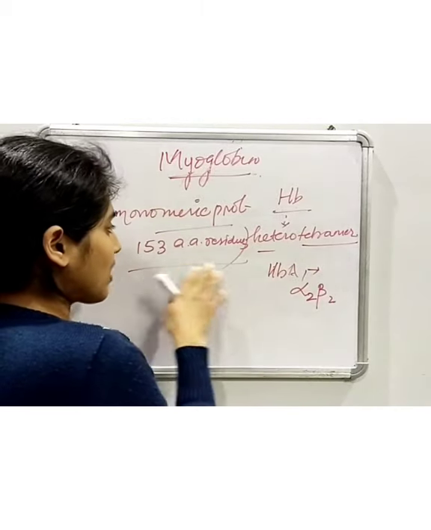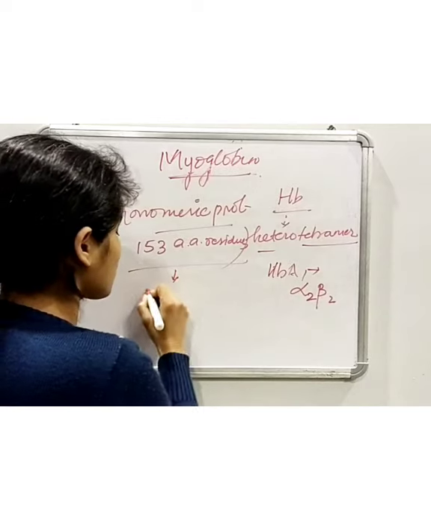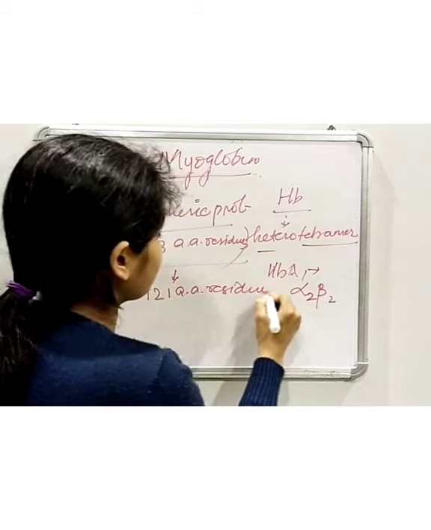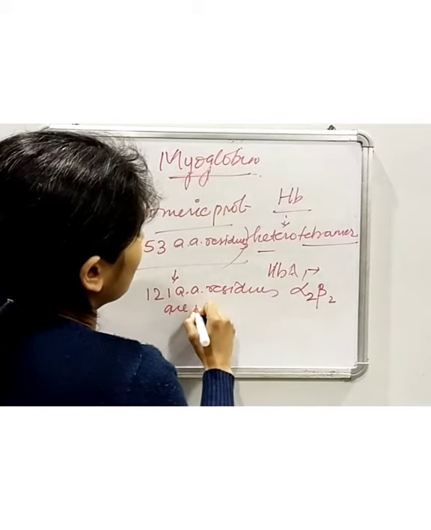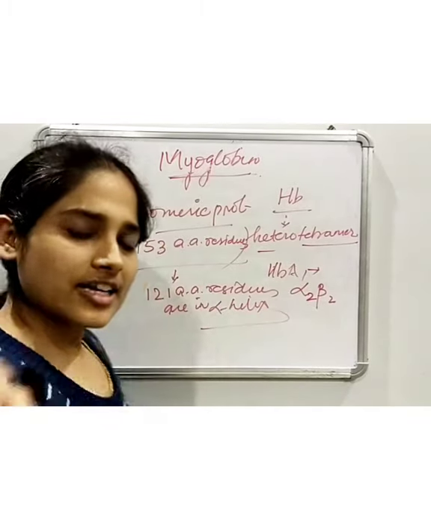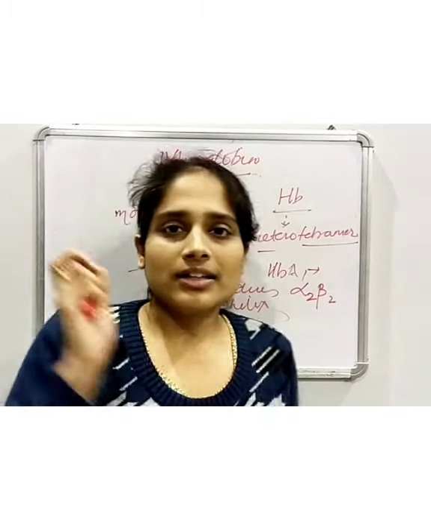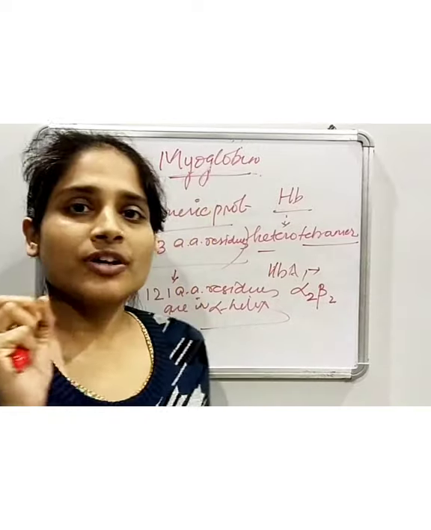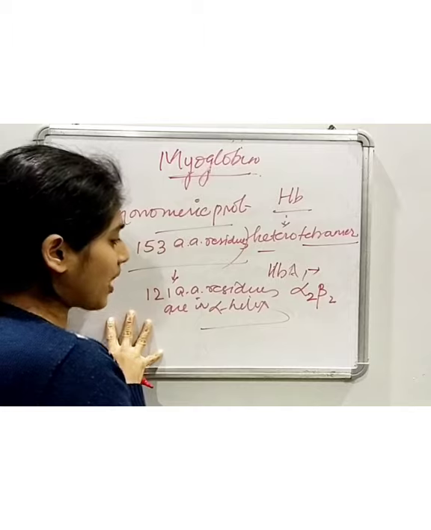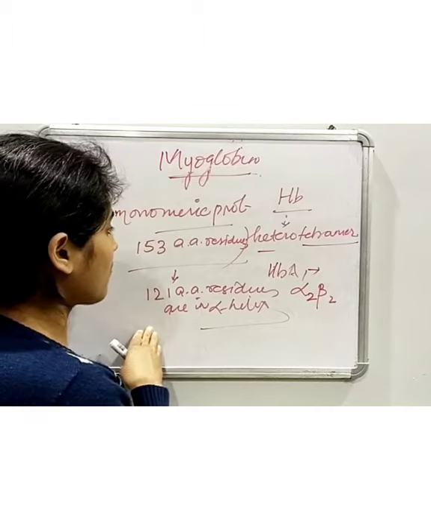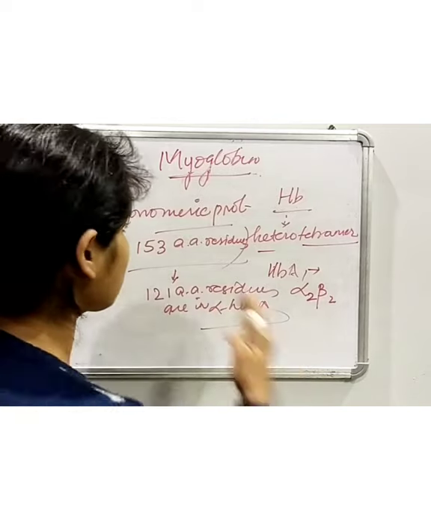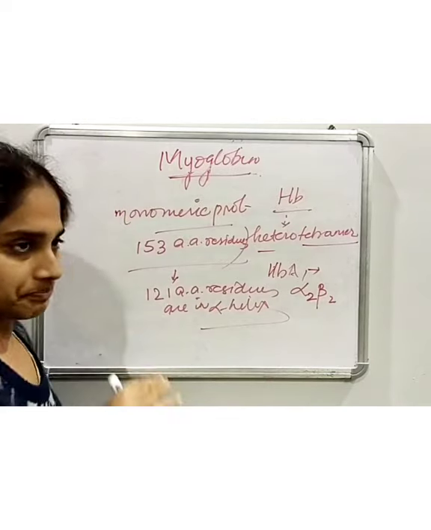And out of these 153 amino acid residues, 121 amino acid residues are in alpha helix. Remember, alpha helix and beta sheets are 2 different types of secondary structures. So out of these 153 amino acid residues, 121, the majority, form an alpha helical structure. So this is about myoglobin.